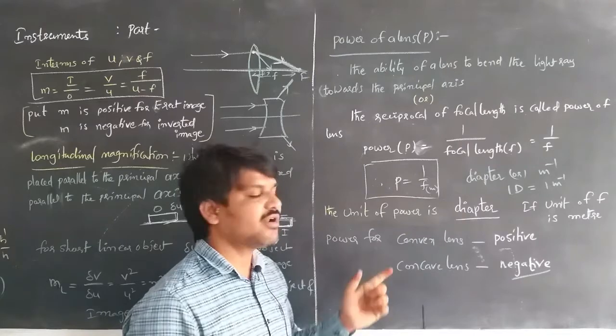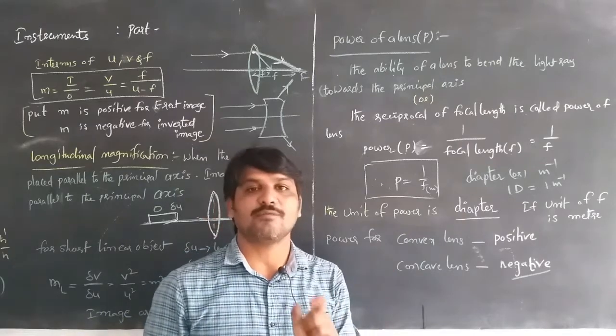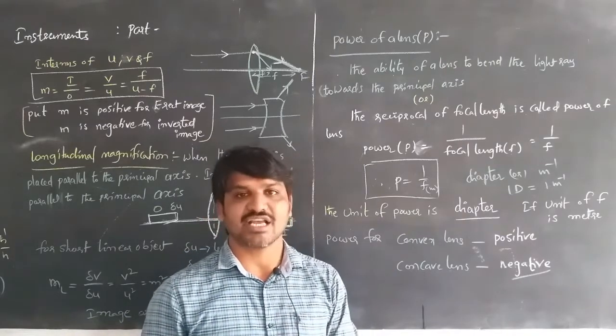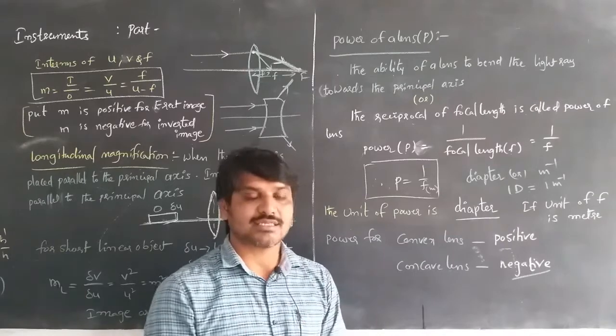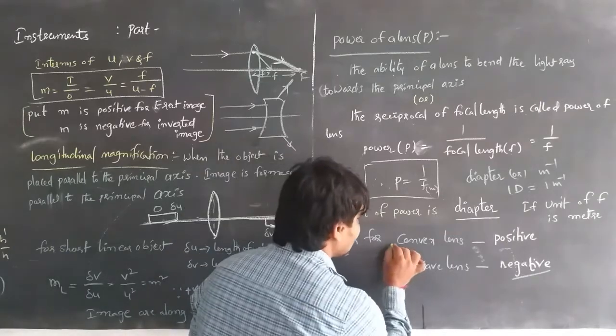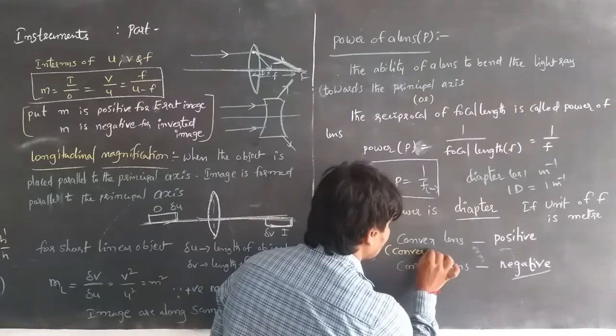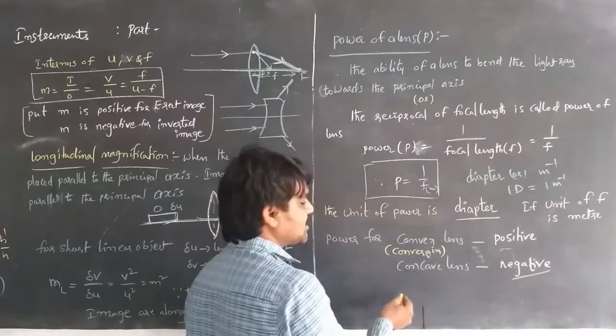The value of power for a convex lens is taken as positive, because convex lenses are converging lenses.